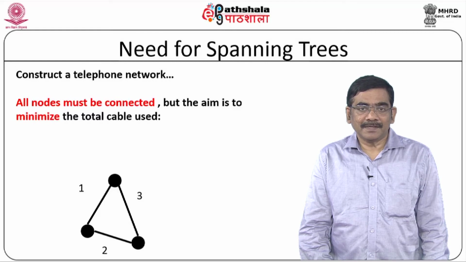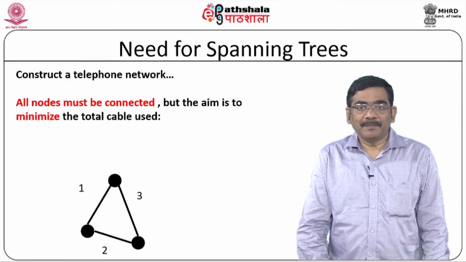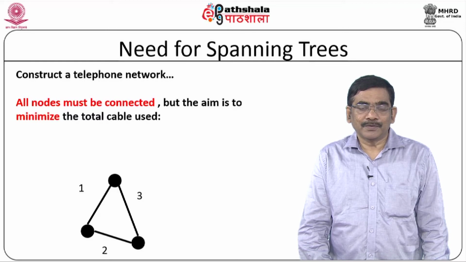So, that means the number of edges should be minimized. Translated to a telephone problem, it means that when the number of edges is reduced, the number of telephone cables is reduced. So, when the telephone cable is reduced, it leads to a saving of money.